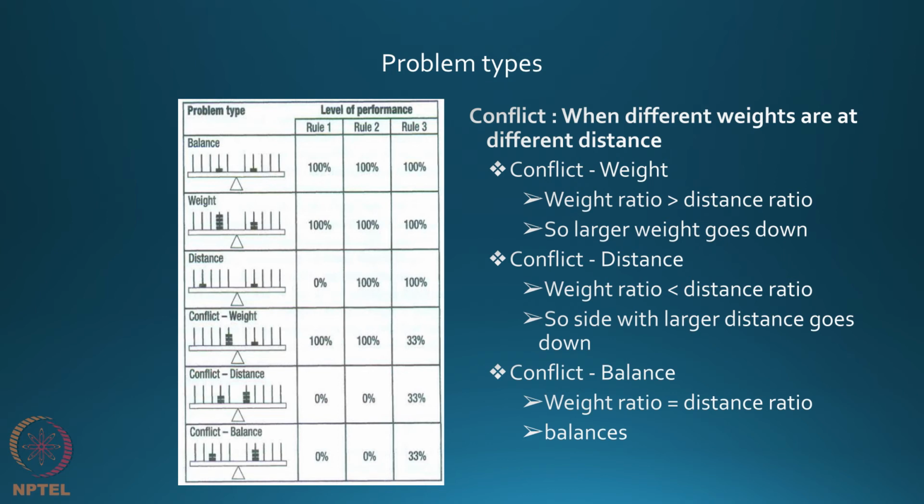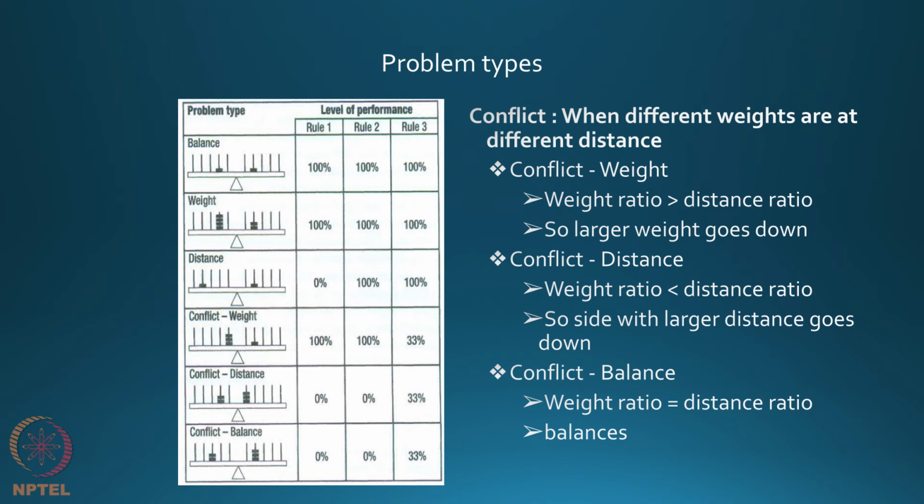Similarly, if you apply rule 1 to the weight case, since the distance is the same and your judgment is based purely on weight, you will be correct. In the third case too, the weights are the same but the distances are different, whereas in rule 1 you do not consider distances, so you will make a mistake in case 3.